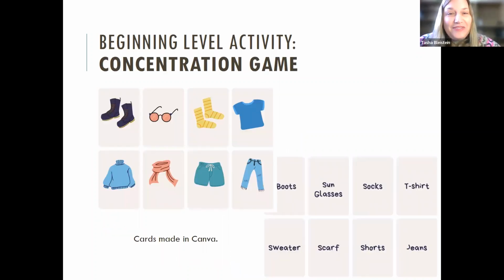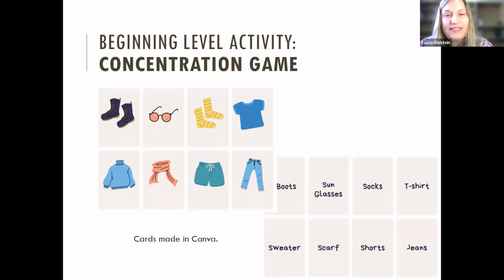Another beginning level activity that I like is the concentration game. I'm guessing maybe many of you are familiar with this. So you would take these cards, again, created in Canva, and cut them out and place them face down on the table. And then the learner has to pick up the boots, the picture of boots, and find the word boots.